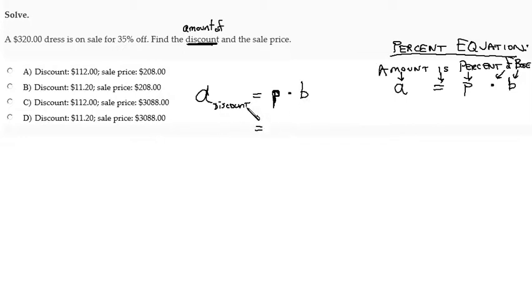And of course, the percent given to us is 35%. And what is the basis of the discount? Well, the original price of the dress. The original price of the dress is $320. I'm going to leave the trailing zeros off because they don't enter this problem at this point.